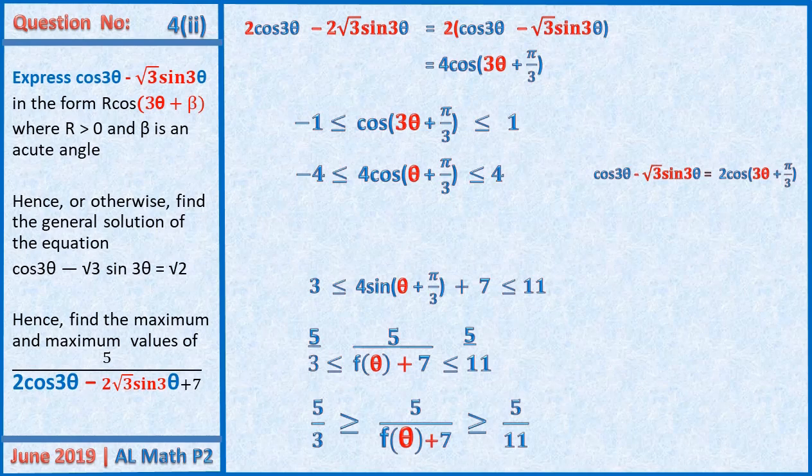You note that the signs have changed when you take the inverse. So looking at the extremes now, I have what has been given to me, 5 on 3 and 5 on 11. So which one is bigger? The maximum value is 5 on 3 and the minimum value is 5 on 11.